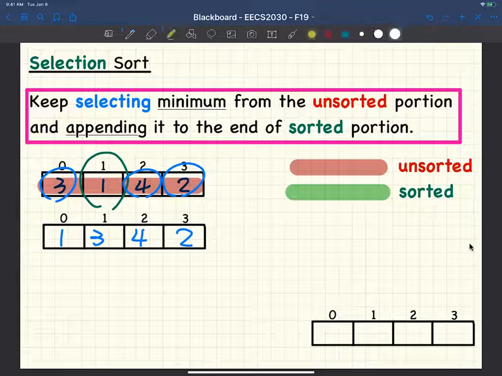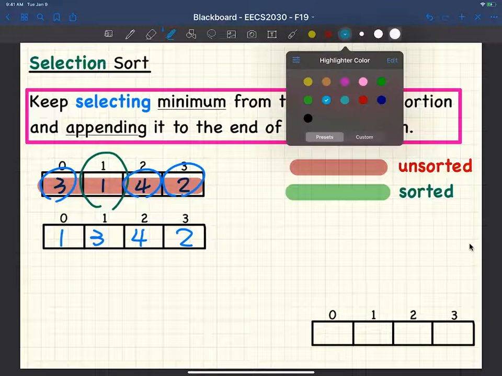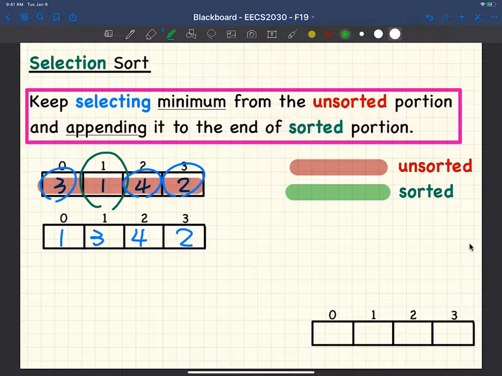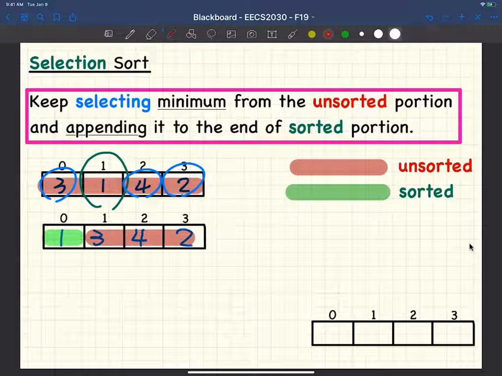You can understand it like this. The only sorted portion is over here, whereas this is still unsorted. You can think about every time you make progress in an iteration, you're growing the green area and shrinking the red area, hoping that eventually the red area will be empty. Okay? So now, how do we make the next progress?